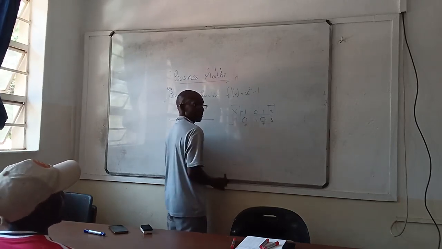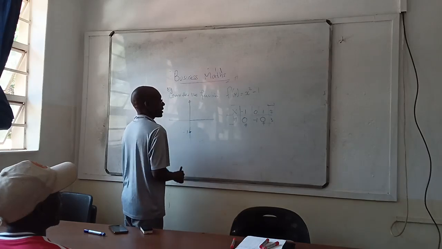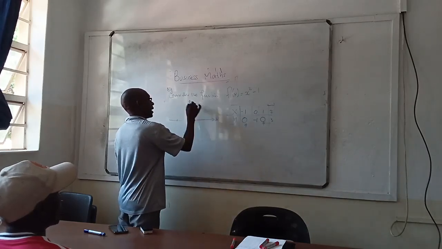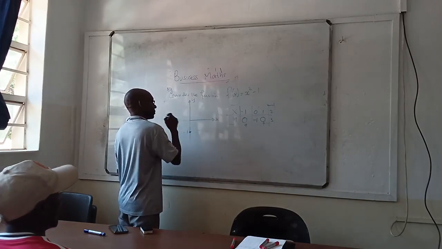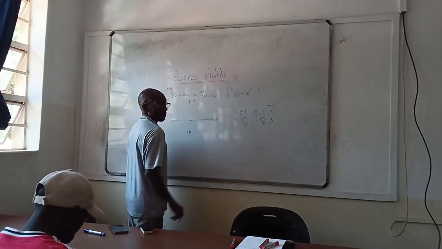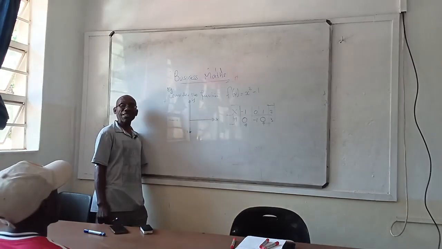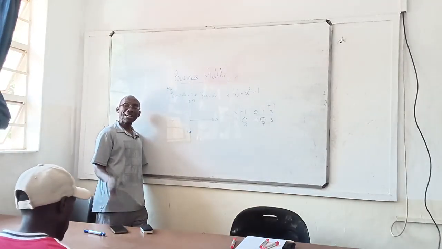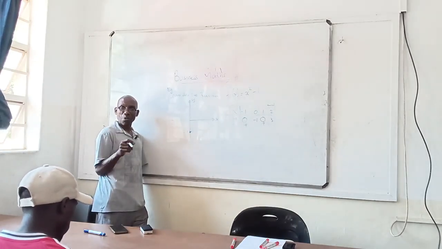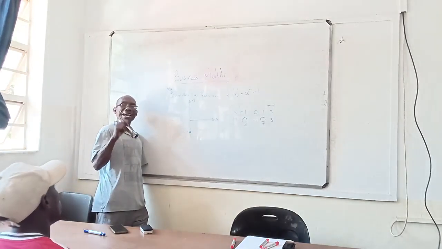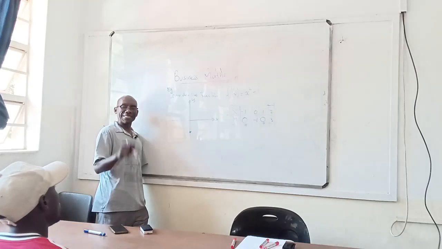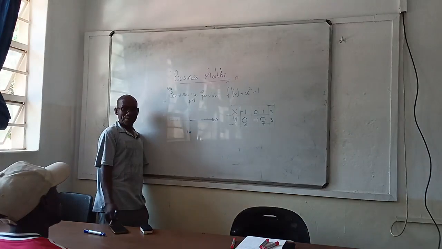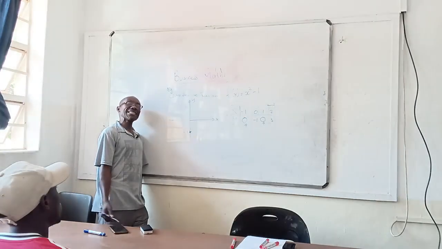Now, what it means is that when X is negative 1, this is X and this is Y. This is the independent variable. Every day I'll be mentioning the independent variable. It is a variable that does not change, but it affects the other side. What is changing is the other side.